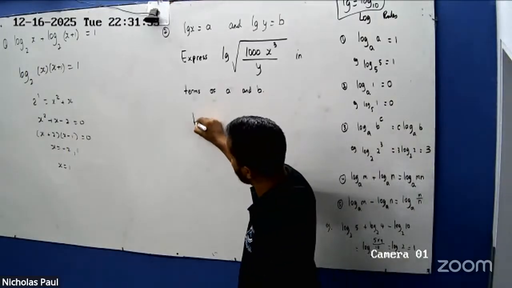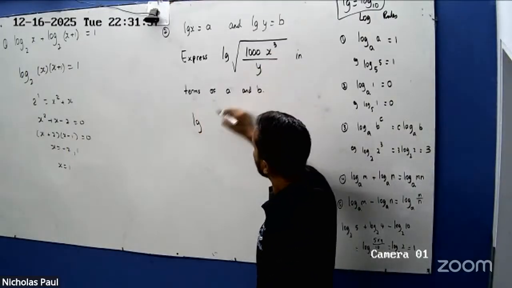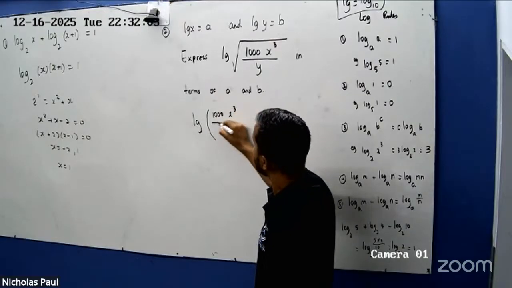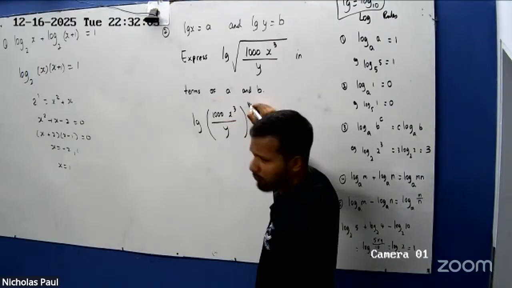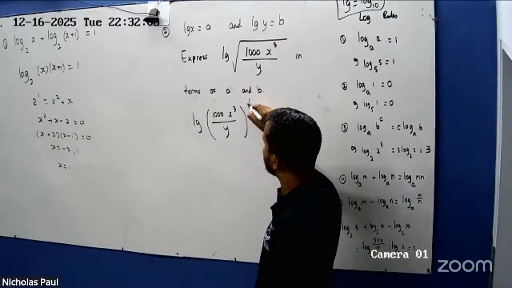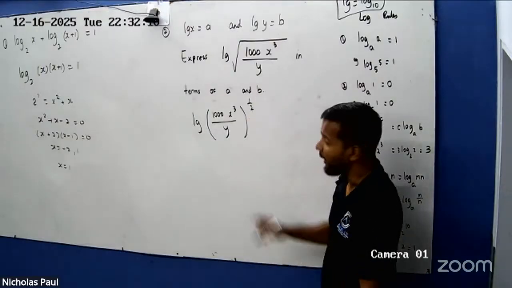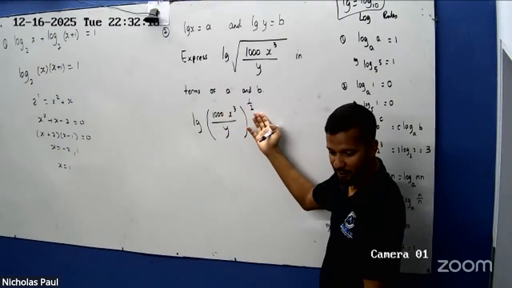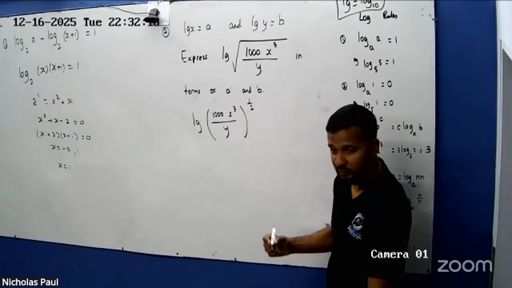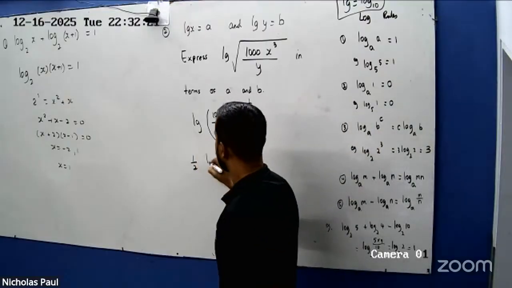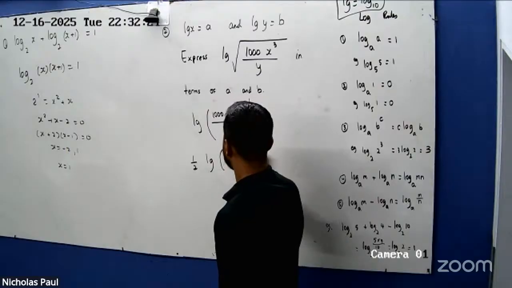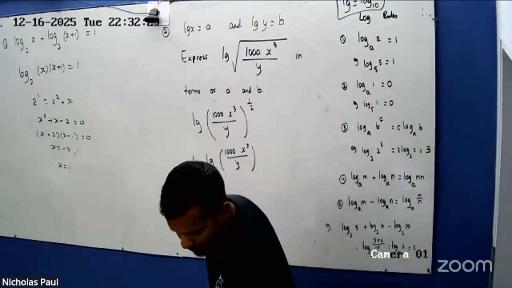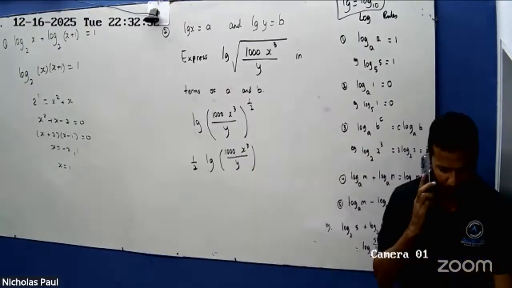It might help you, it might not help you. Square root means what power? Square root. Aha. And then I can't apply any log rules here because I have this thing here. Put it in front. So wait, in front.